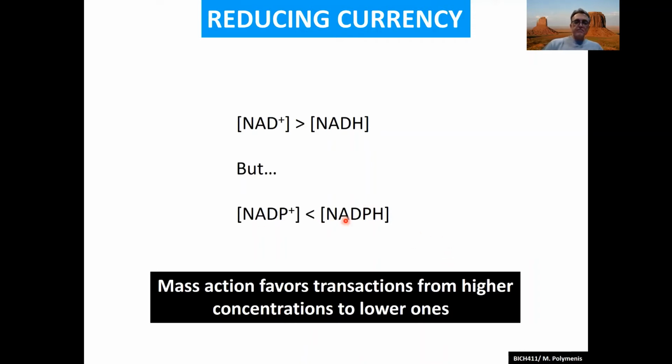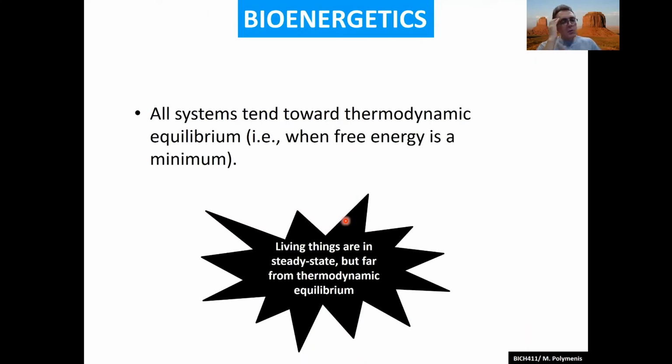So again, we get back to this fundamental thing that we had seen before with the ratio of ATP to ADP. Even though it is so much more favorable to hydrolyze ATP and make ADP, cells maintain about 10 times more ATP than ADP. So about 1 billion-fold away from equilibrium.